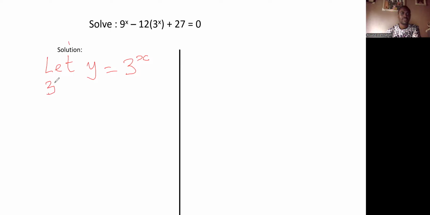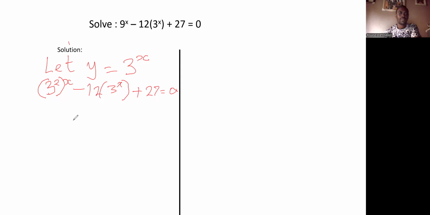So 3 raised to the power of 2, using that multiplication law, x, then minus 12 into 3 raised to the power of x, plus 27 is equal to 0.